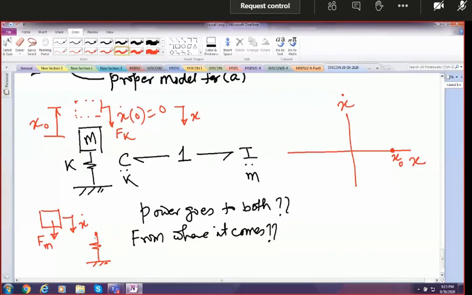This spring is pulled up, so force is upwards. Its motion: it was already under tension, now its tension is reducing. Its tension is reducing means its rate of deformation is negative. It was given larger deformation, now its deformation is reducing, so x dot is reducing. Alright? So this is at t equal to 0.